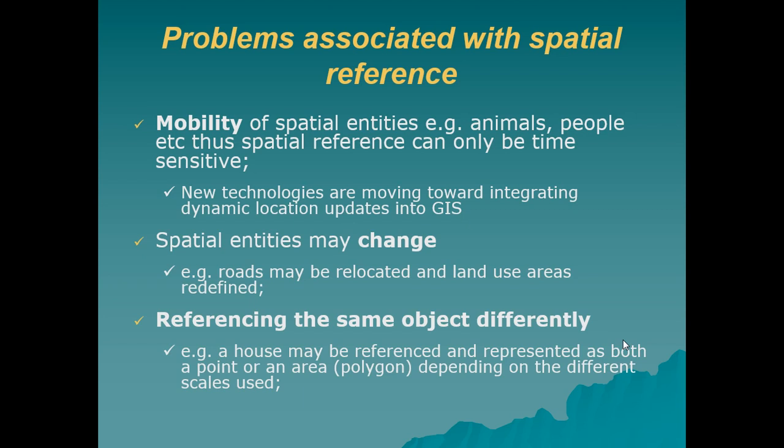If you zoom in, you may see a house as an area feature. If you zoom out to a smaller scale where you see more information but less detail, the house would now look like a point. So now the location would actually be referenced differently because the scale has changed.